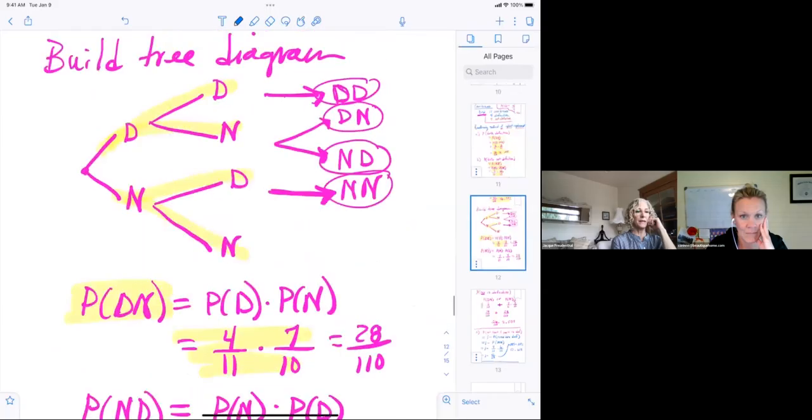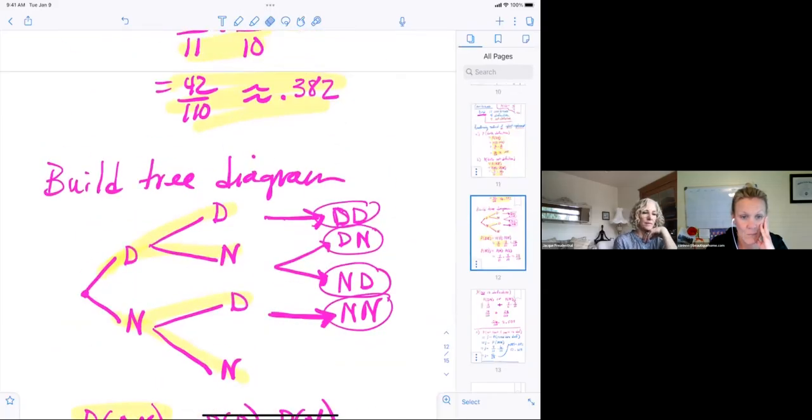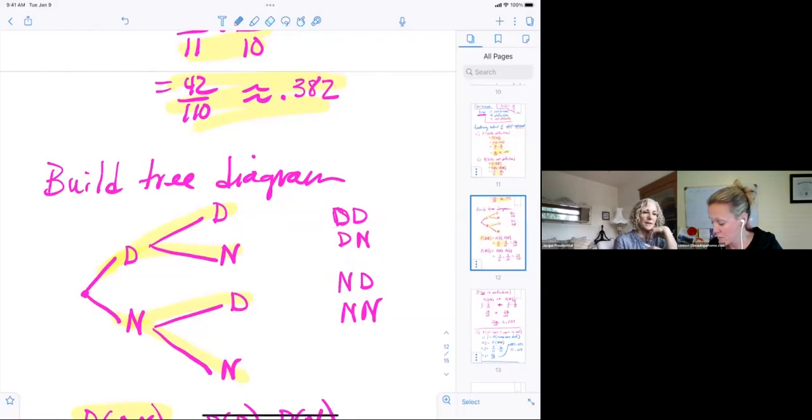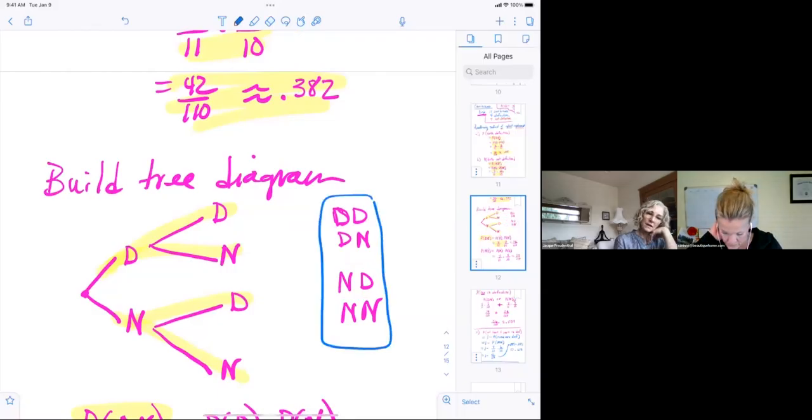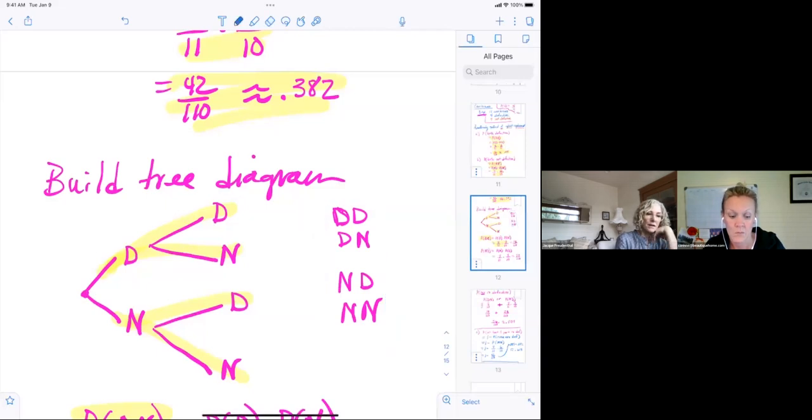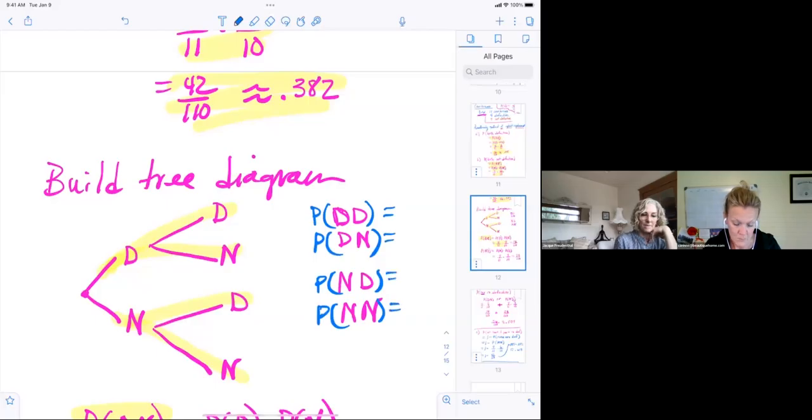So my sample space that we created up here with the tree: the probability of DD, probability of DN, probability of ND, and probability of NN. Probability that both are not defective is 0.382.